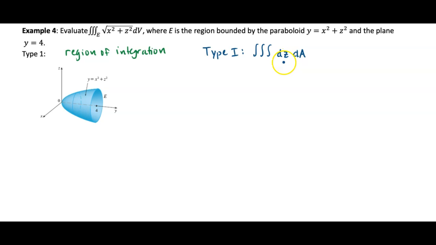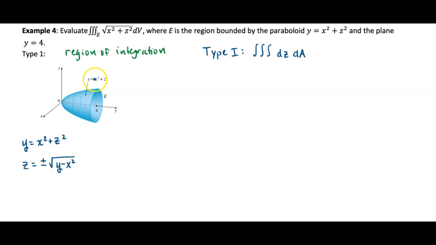So starting with z, I need to rewrite this as a function of x and y. So I'm starting with y equals x squared plus z squared. I want to rewrite this as a function of x and y. So isolating that z, I get that z is equal to plus or minus the square root of y minus x squared.